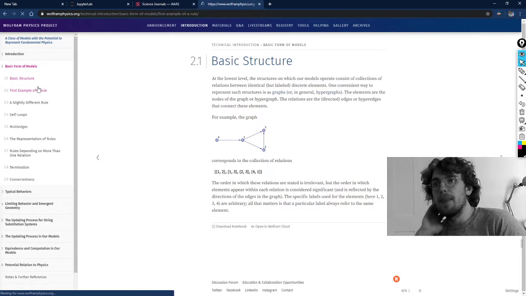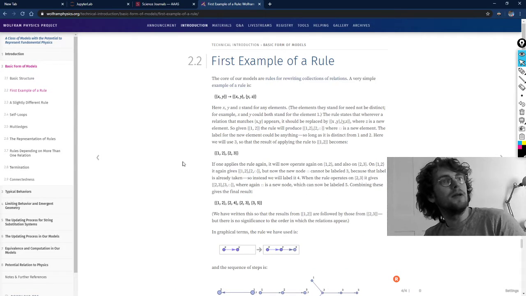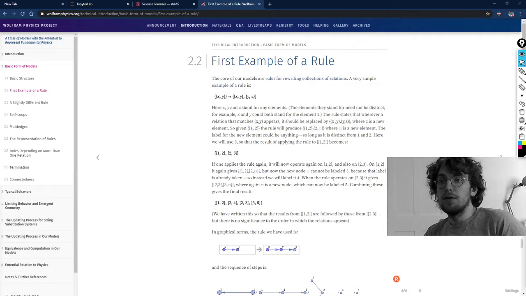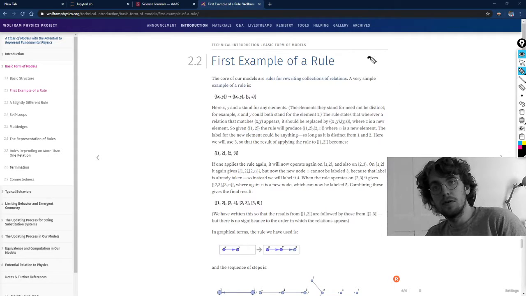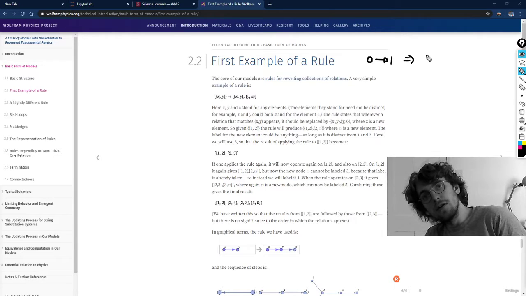So now we start pulling in some rules. So xy goes to xy, yz. So using numbers, 0 to 1 goes to 0 to 1 to 2.